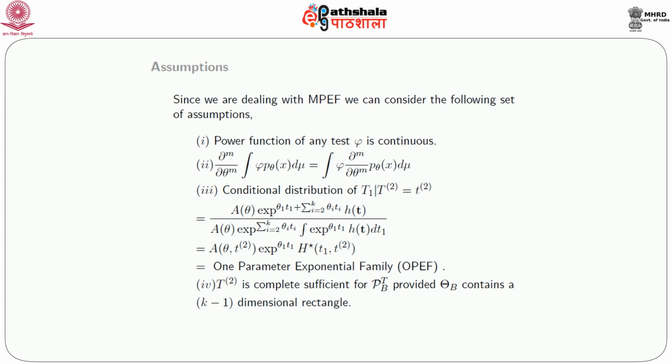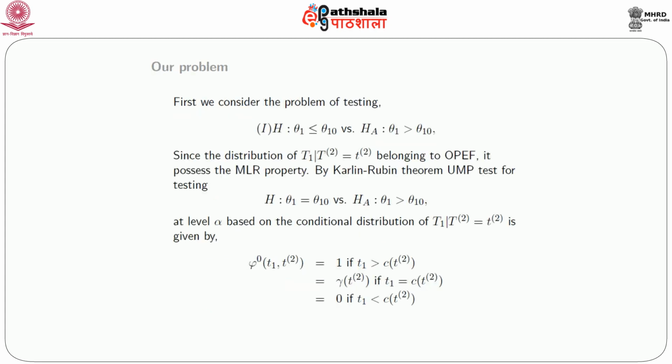First, we consider the problem of testing H: theta 1 less than or equal to theta 1 naught versus HA: theta 1 greater than theta 1 naught. Since the conditional distribution of T1 given T2 belongs to one parameter exponential family, it possesses the MLR property.